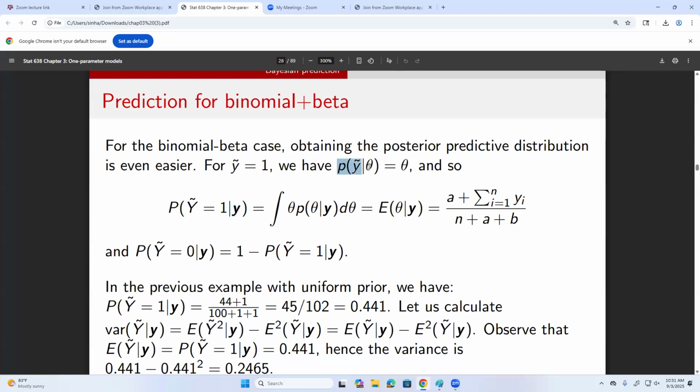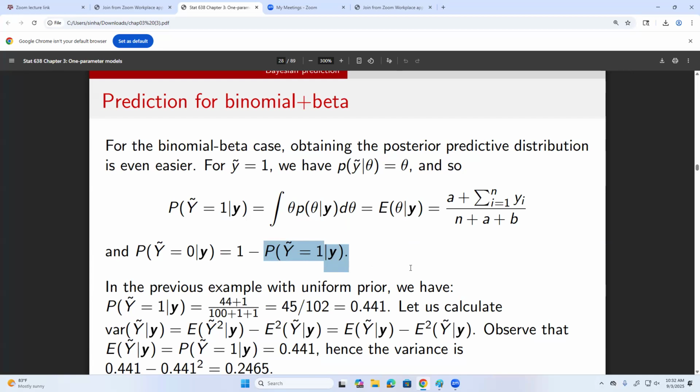First thing is, what is the probability that y tilde equal to 1 given theta? It is theta. So we plug in theta and multiply it with the posterior distribution of theta given the data. And it is what? It is the posterior mean of theta, and it is equal to a plus sum of yi divided by n plus a plus b. Likewise, probability of y tilde equal to 0 given data is equal to 1 minus probability of y tilde equal to 1 given observed data.